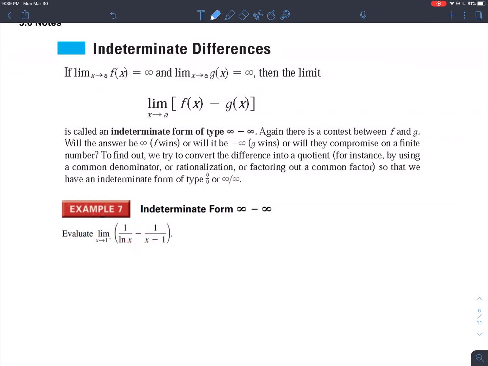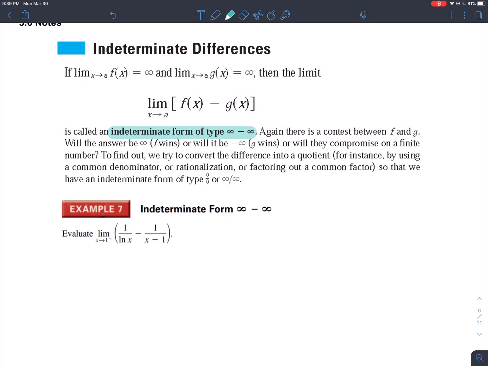Basically, it says if we are taking the limit as x approaches a of f of x, and we get infinity, all right, we're approaching a single value. We're letting x approach a single value, but we get infinity, which means usually a vertical asymptote on that function. And we get infinity for the second one, right, a vertical asymptote. Then the limit of the difference would be infinity minus infinity. Right? We'd be dealing with a situation where we are subtracting.